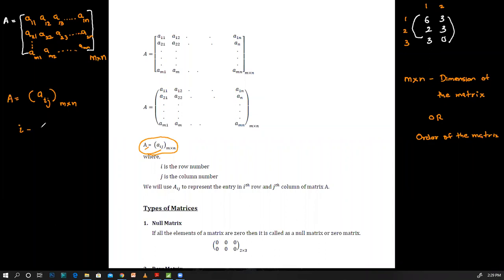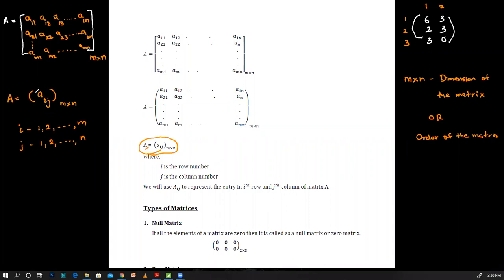The possible values for I are 1, 2, 3 up to m. It is because m is the number of rows in the matrix, and same like this, J can take the values 1, 2, 3 up to n. Therefore, this is how we write the matrix in general form.